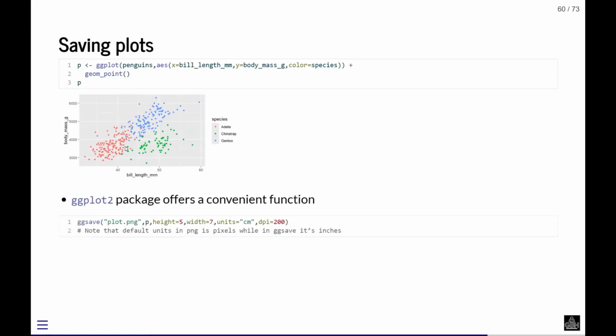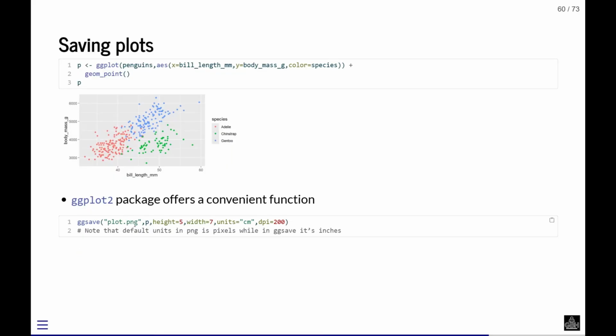You already know this. Now we would like to save it. Some journals may say, okay, your graph quality should be 200 dpi, and your graph should not be more than 5 centimeter long, and wide should not be more than 7 centimeter. So you mention those, and you save it with the command called ggsave.